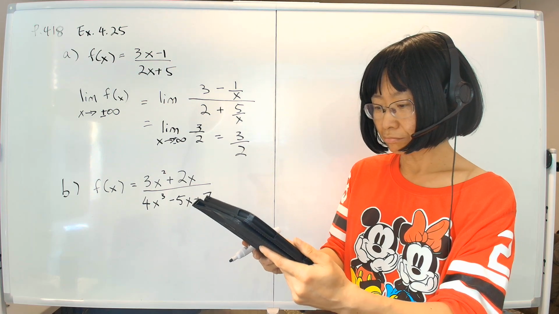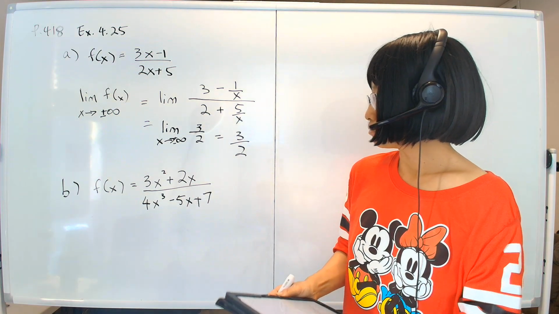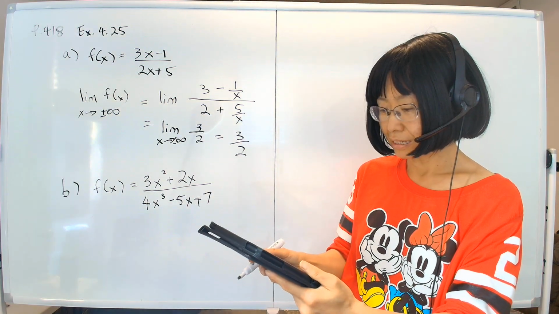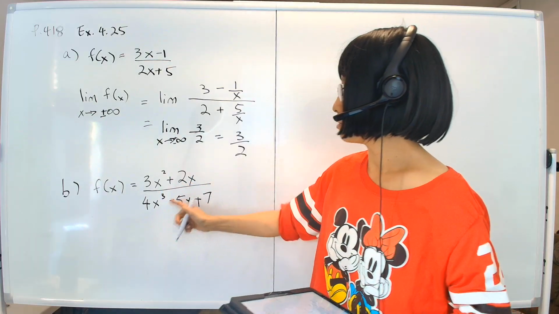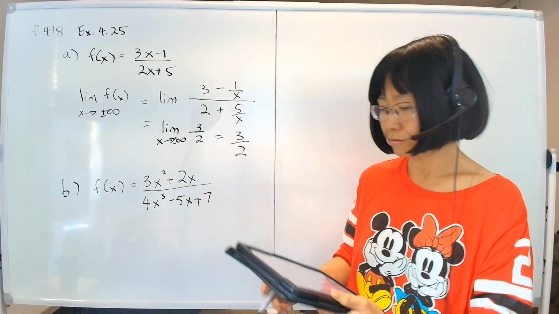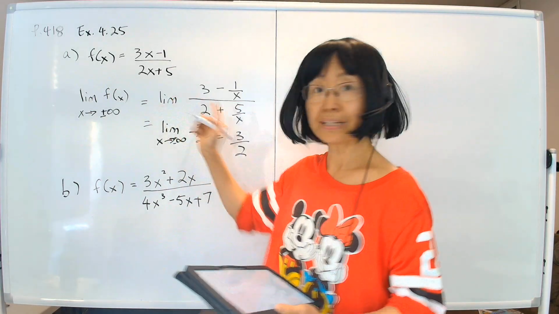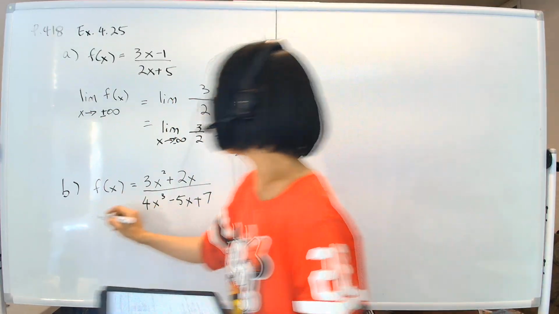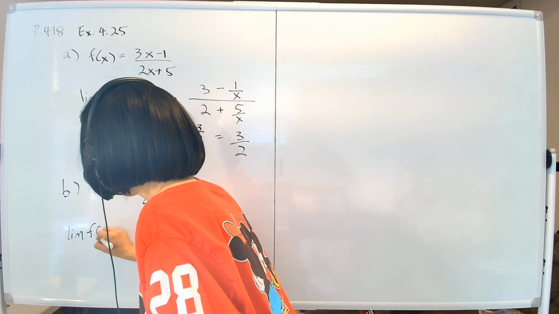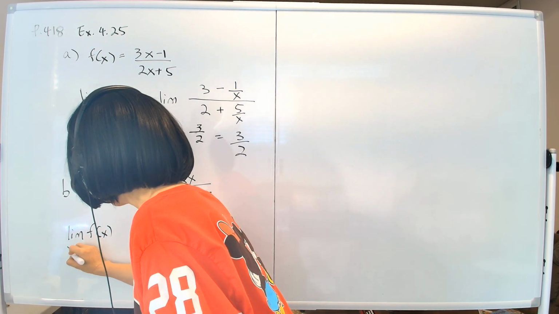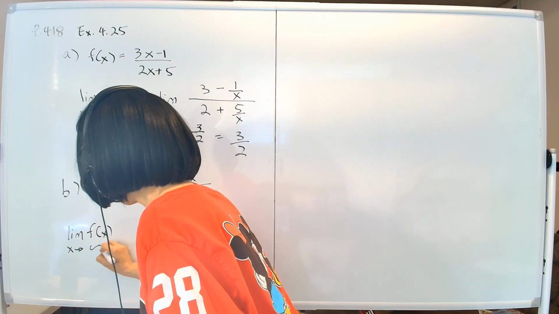So where does the limit go? Well, when that happens, we're going to divide everything by the highest power. Following the same trick as earlier, we take the limit of f as x approaches positive infinity.